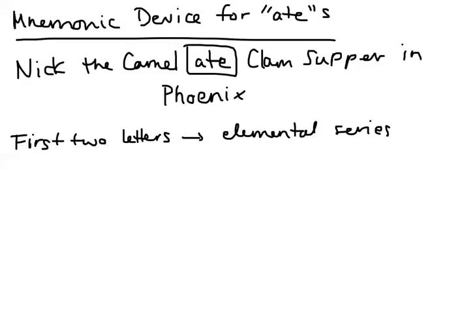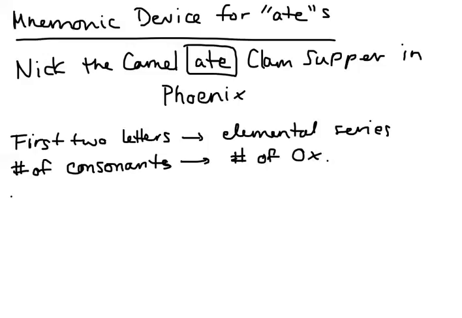The number of consonants gives you the number of oxygens, and the number of vowels gives you the negative charge. These are all oxyanions, so the charge will always be negative.